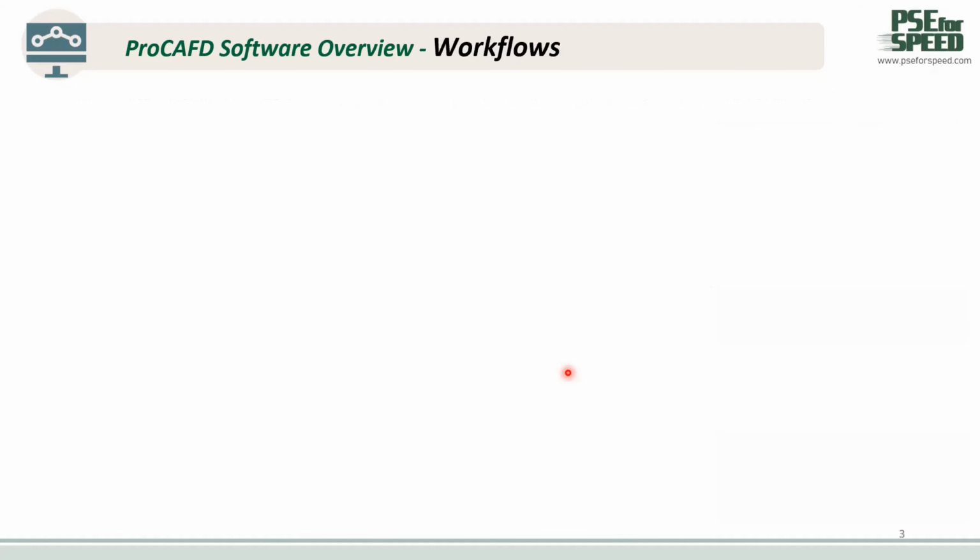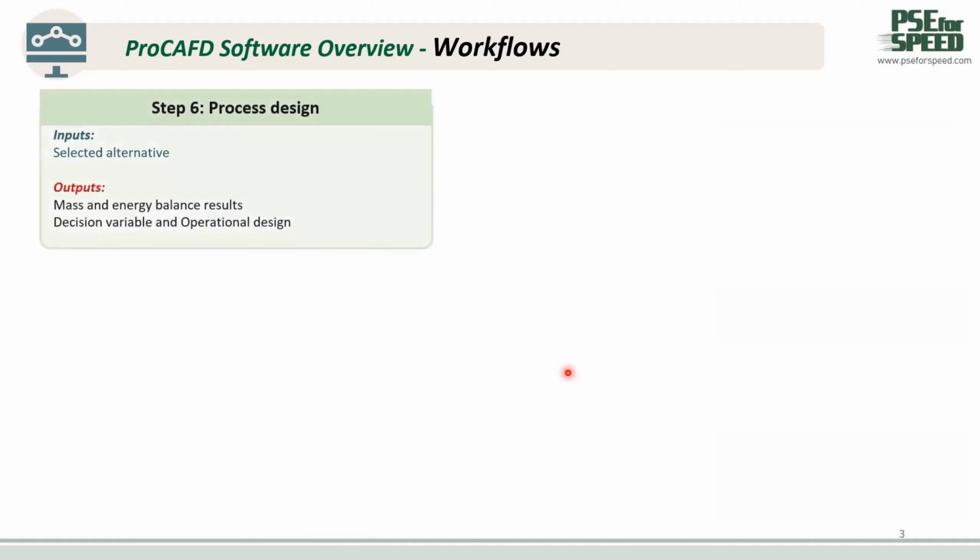First, let me tell you the input that the user needs to define and the output that the program will generate step by step. Start with step 6. The selected alternative from the step 5 that I presented last time will be used in step 6, and ProCAFD will calculate the mass and energy balance based on the simple model, as well as the decision variable and the operational design.